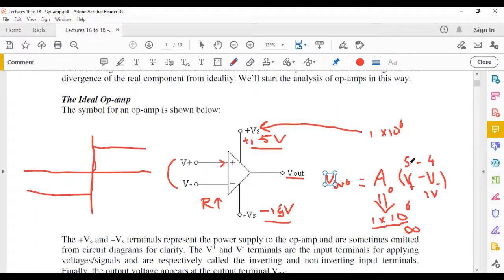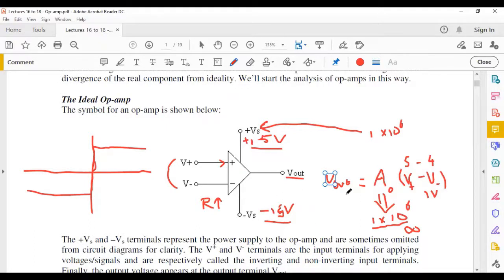In this case, we've taken 5 minus 4, meaning you are assuming your V plus to be 5 and your V minus to be 4. Since your V plus is more than your V minus, your output is taking plus 15. But if you assume now that this one is 4 and this one is 5, you would have 4 minus 5 here, which is minus 1. If you multiply minus 1 by a very large value, you tend to get minus 1 million, so it's going to saturate at minus 15.